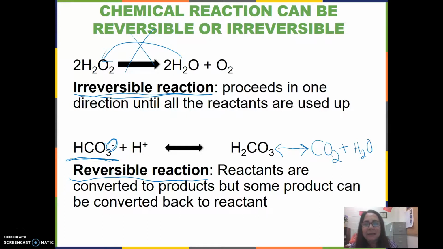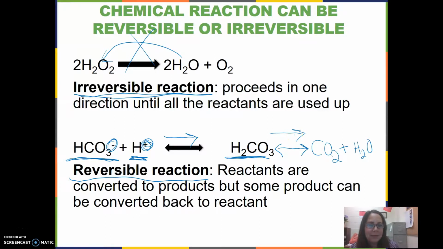And bicarbonate is something that is secreted by the pancreas to neutralize stomach acid. And then there's another ion called hydrogen ion with a positive charge. And in body fluids, bicarbonate ions and hydrogen ions can combine to form carbonic acid. And then that carbonic acid will split up into carbon dioxide and water.